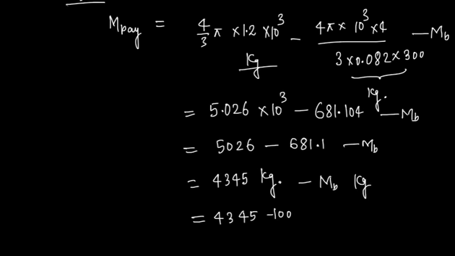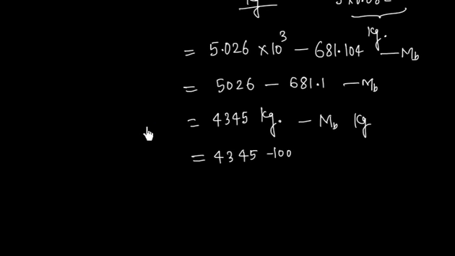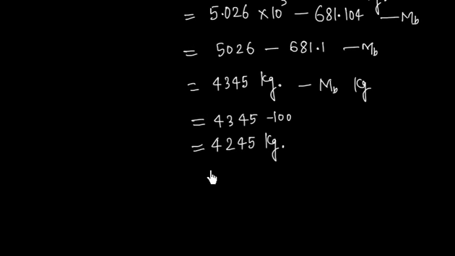So this will be the final answer, 4245 kg. Or we can write in gram, 424.5 into 10 to the power 4 gram. This is the maximum mass that this balloon can lift.